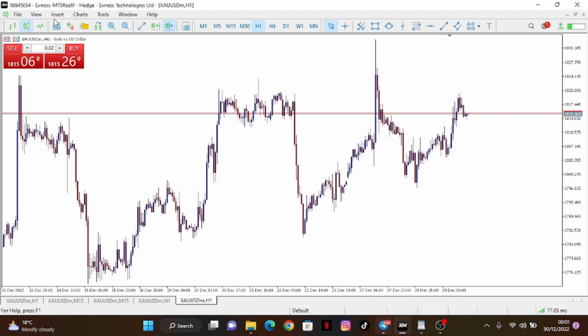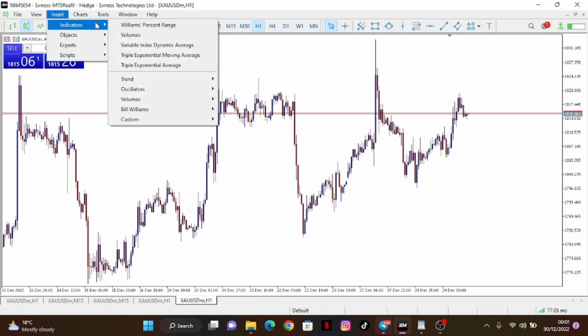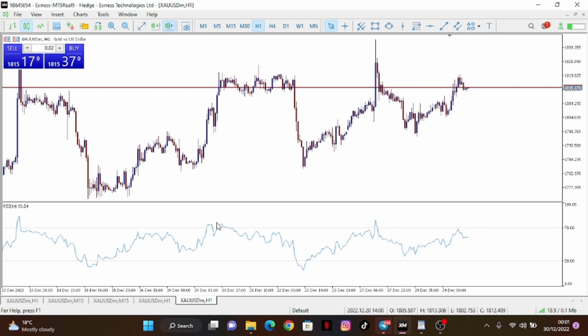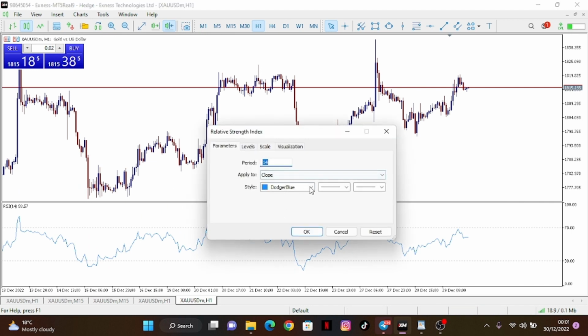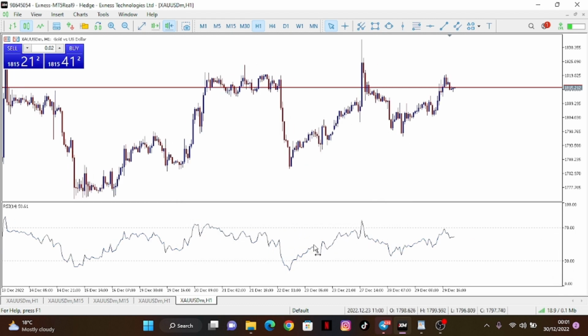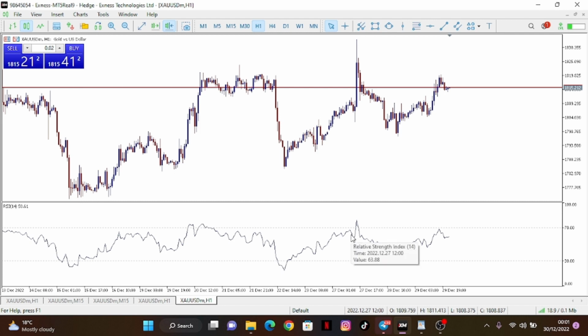So we go on insert, if you're using a computer, indicators, oscillator. First of all, you get your RSI. I'm going to change the color of this one to a dark blue to be able to spot it. You have those levels, the 70 and the 30. You can just leave them the way they are.